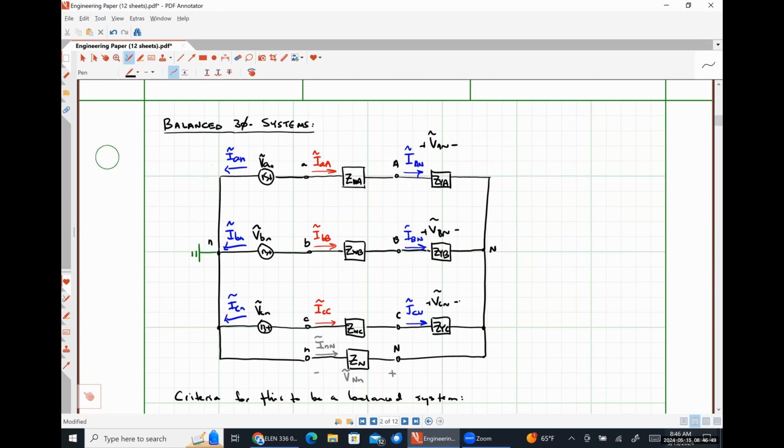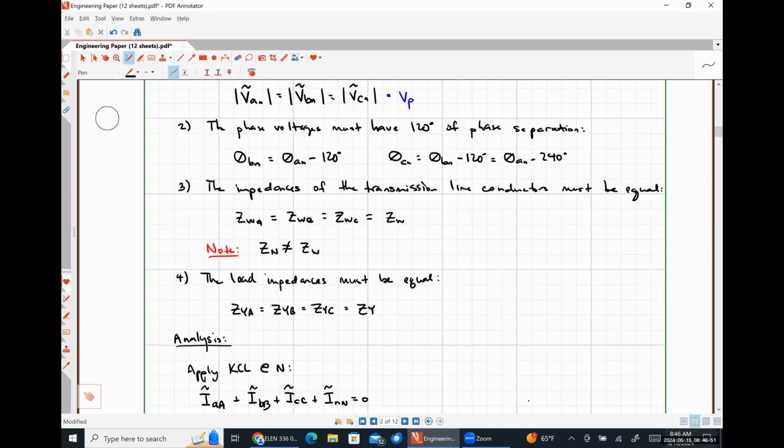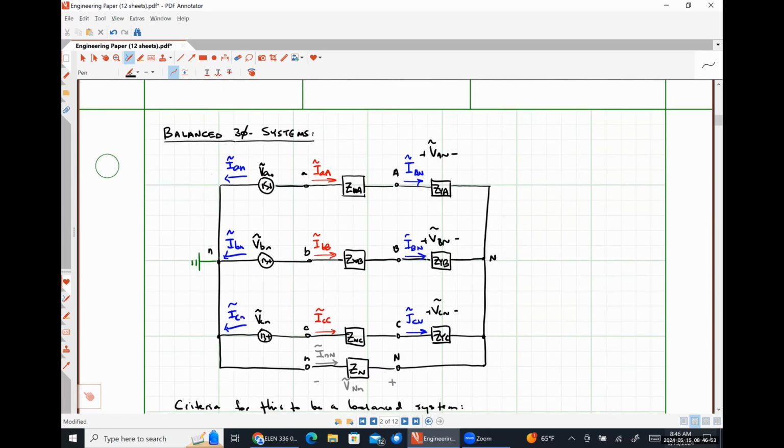So let's figure that out really quickly here, okay? So if I were trying to find this line voltage, VAB, we're going to throw a little bit of math at this because we're going to wind up doing this several times. So this will just be a shortcut.